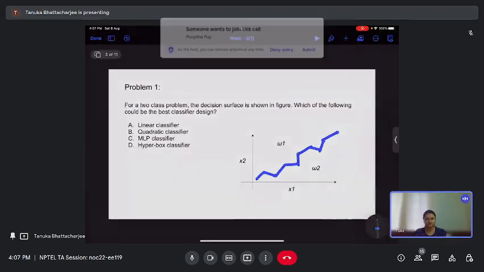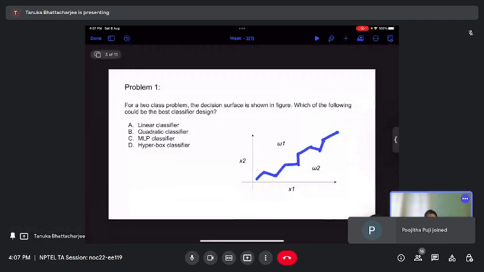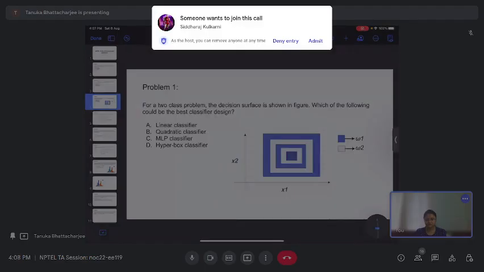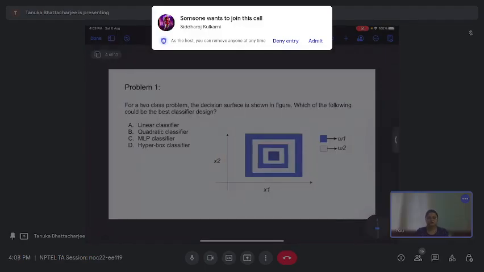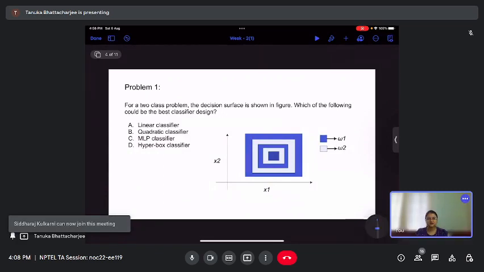Now, if the class boundary is like this, all the dark blue portions are from one class and the light portions are from the other class.